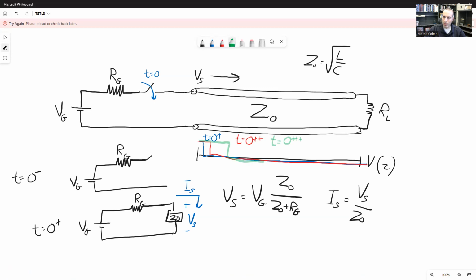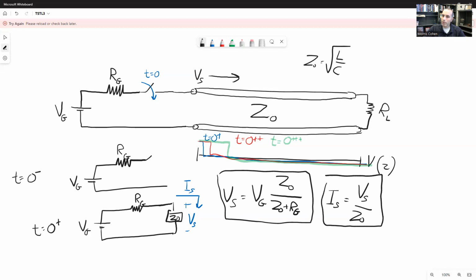So you can see that this wave is working its way toward the load, and the intensity of that voltage is just set using resistor divider rules on the front end, and the current that rides with that wave is just going to be the voltage of that initial wave divided by Z0. So that's a simple way to establish the initial wave, where the battery has no idea what's at the load. All it sees is a transmission line, and it treats a voltage and current as if the transmission line were all that there is. So that's an important way to start.